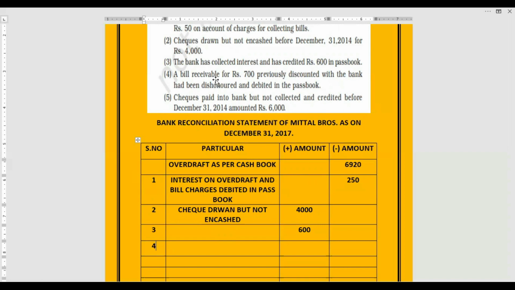Therefore, it is dishonoured. So the banker, who had earlier credited 700 in our account, is now going to reduce 700. So in the passbook 700 is reduced, but in the cash book there is no effect. So in the cash book also now we have to reduce 700.